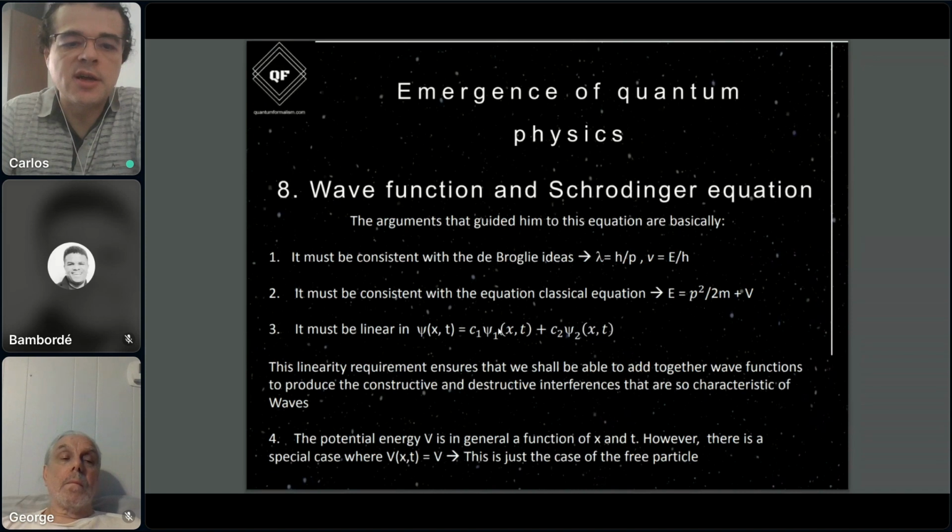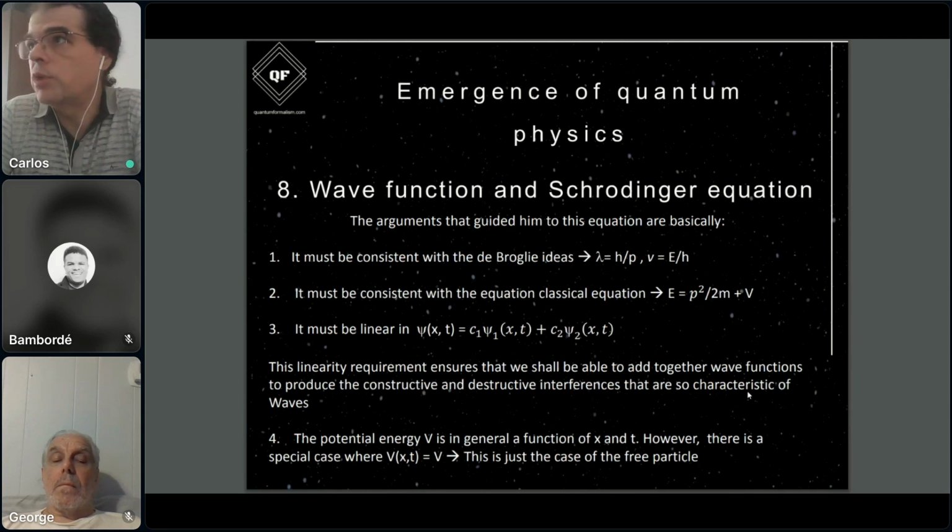It must be linear. This is an important comment, because once it's linear, if psi1 and psi2 are solutions of the equation, I can sum both with some constants C1 and C2, and the sum is also a solution. This is important because these wave functions can then produce the constructive and destructive interference that are characteristic of waves.